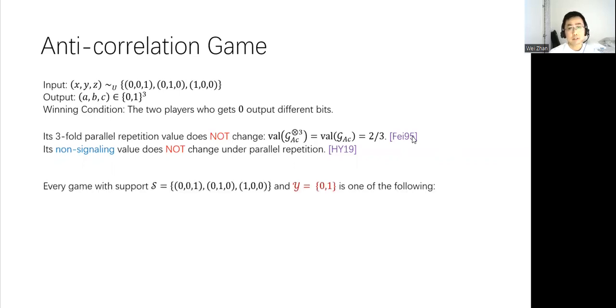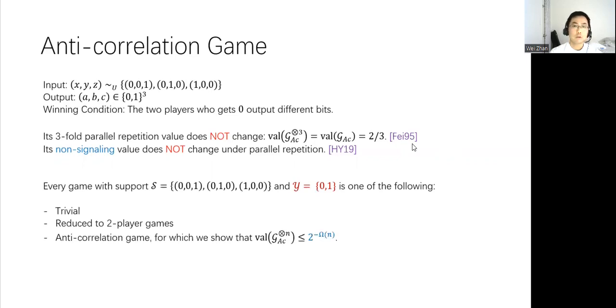And this game is interesting for us because we did another case analysis and found out that every game with this support and also a binary output alphabet is one of the following cases. It's either trivial, or can be reduced to a 2-player game, or is equivalent under symmetry to the anti-correlation game.